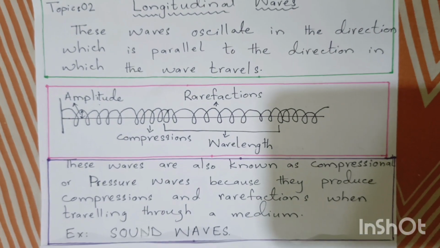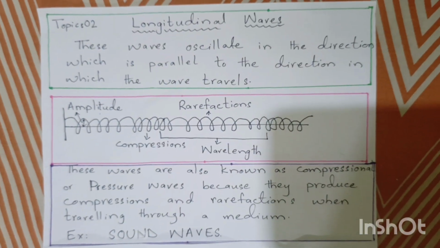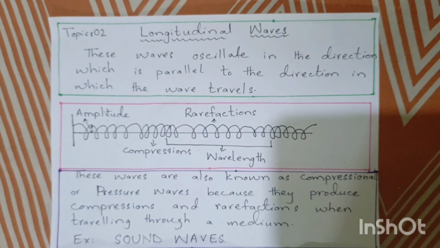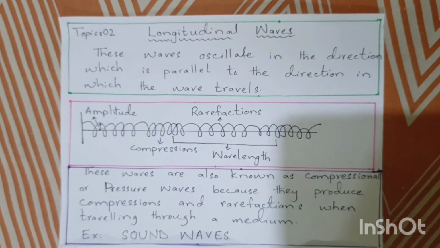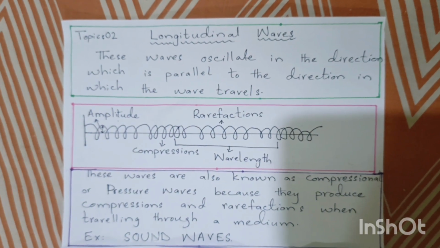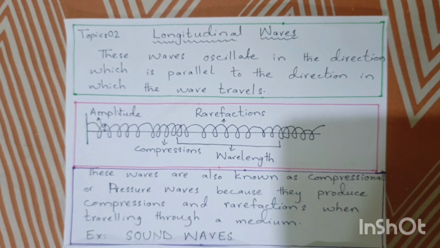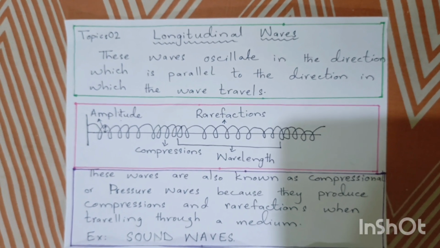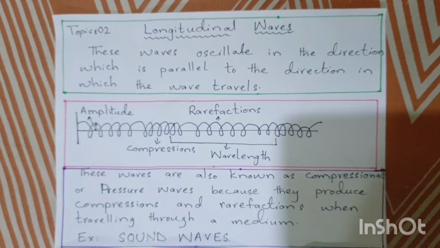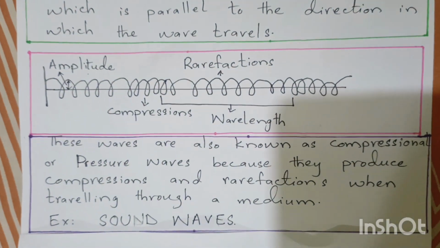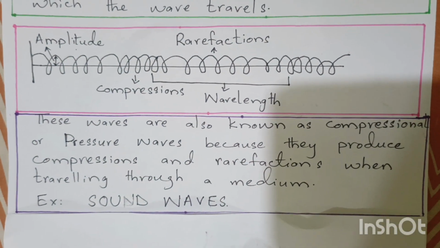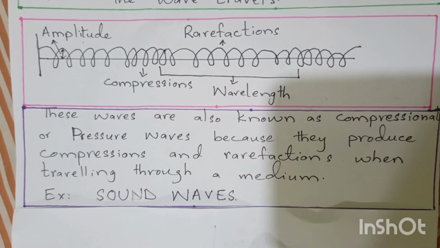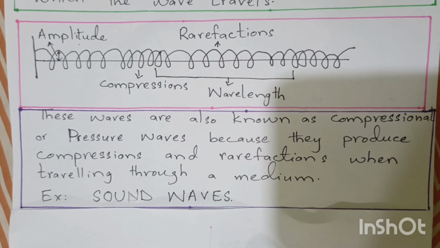Let us consider an example of longitudinal waves. Tie one end of a spring to a wall or anything, and hold the other end of the spring in your hand. When you move the spring a bit to produce vibrations, because waves can only be produced if an external force or disturbance is created.